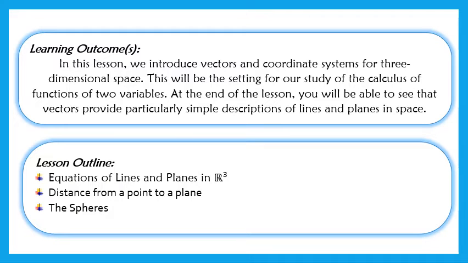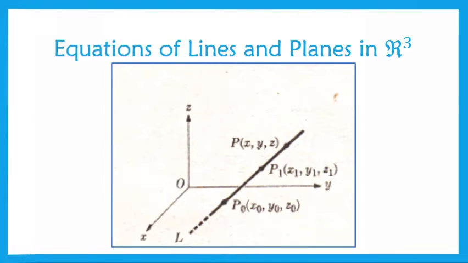In this module, class, we are going to discuss the equations of lines and planes in space or in R cube, distance from a point to a plane, and lastly the spheres or the cylinders. So here we have the equations of lines and planes in space.